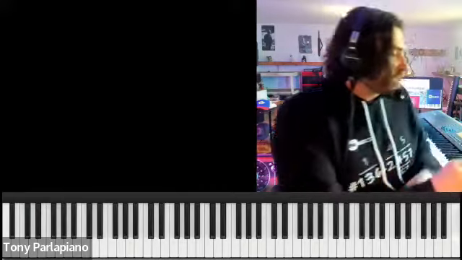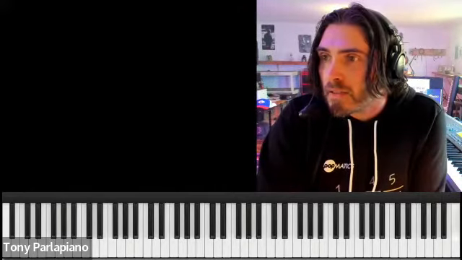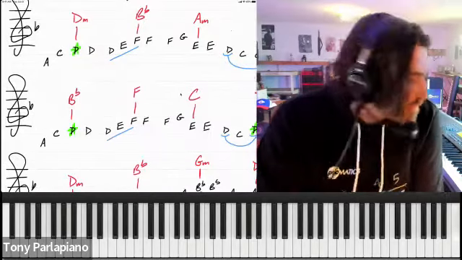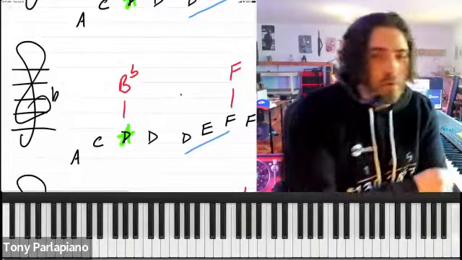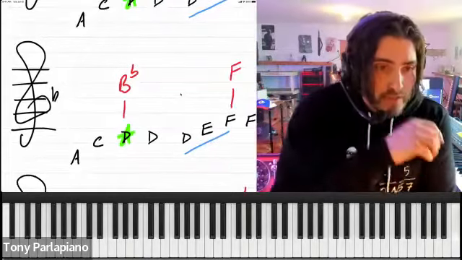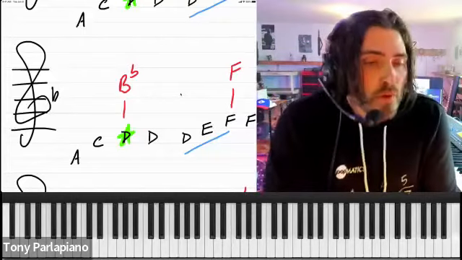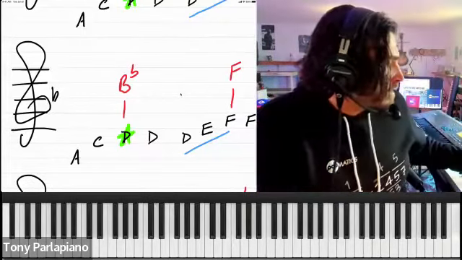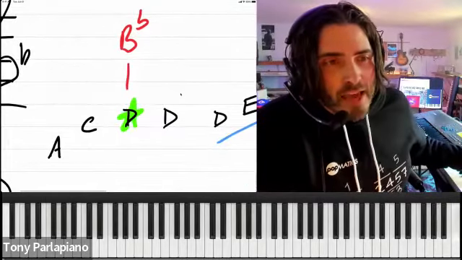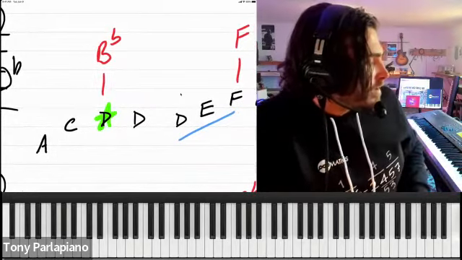If I'm in a composition book working with a student, it might look something like this, where we take the lines of the composition book, darken them in, and draw a staff. Then we write the letters exactly where they would be on a staff when we're learning it. Now you see a lot of different things in here, like I have a star. These are all symbols from earlier things.